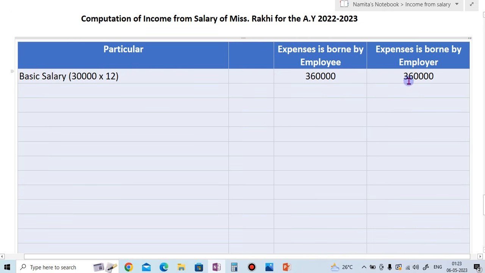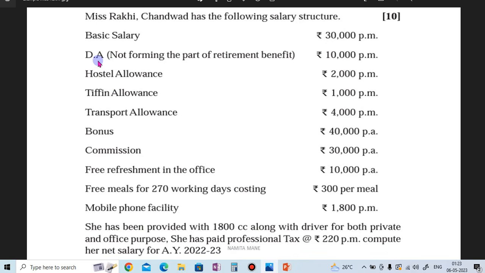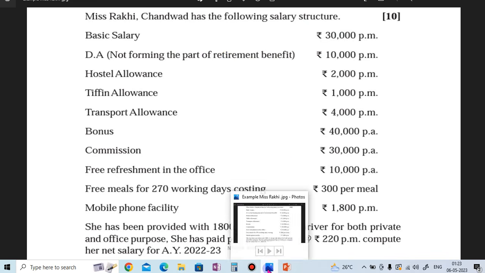Okay, so basic salary is 3,60,000. Now next is given DA. DA stands for dearness allowance. How much is the dearness allowance? 10,000 per month. Now this dearness allowance, which is 10,000, is not a part of retirement benefit. That's why it is taxable here.